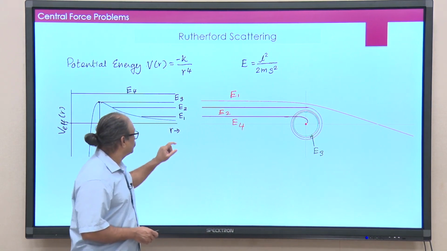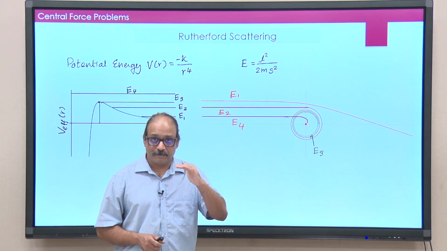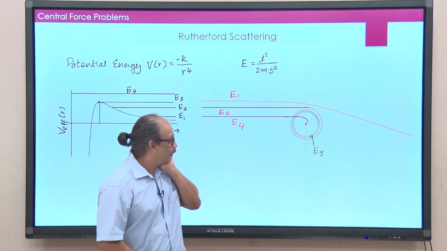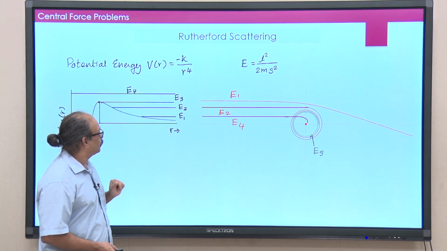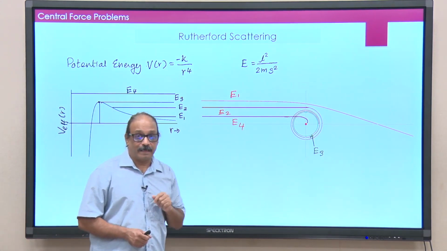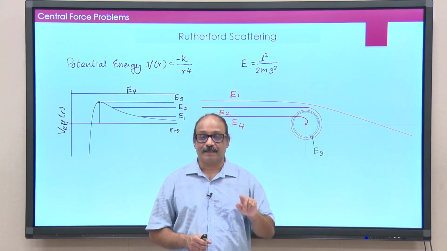If you take energy E2 which is just below that maximum, now what will happen? If E2 is just below E3, that means the particle eventually will get scattered.